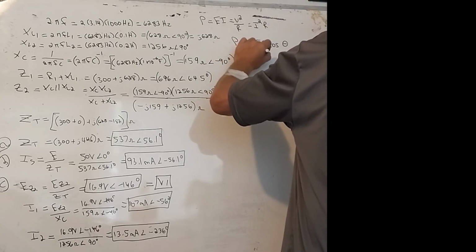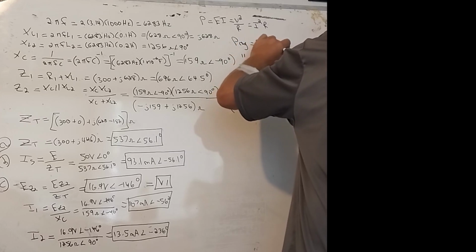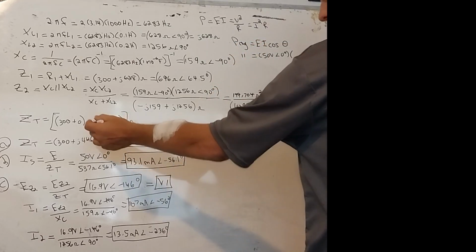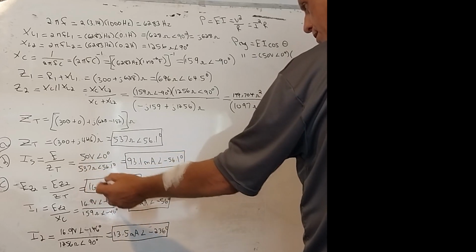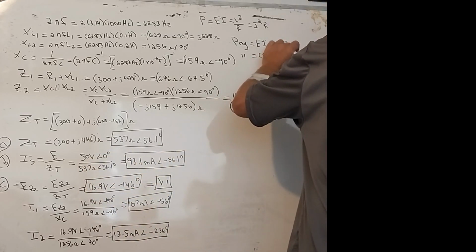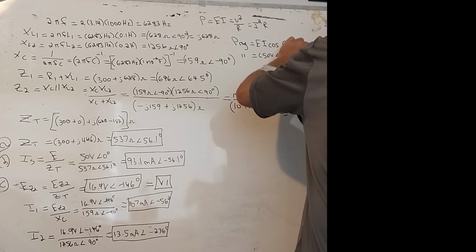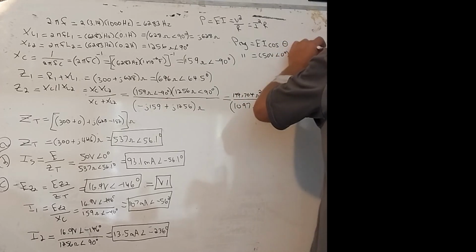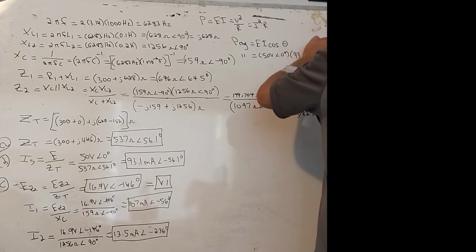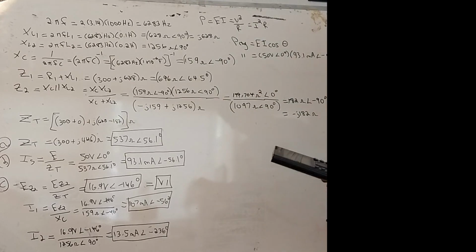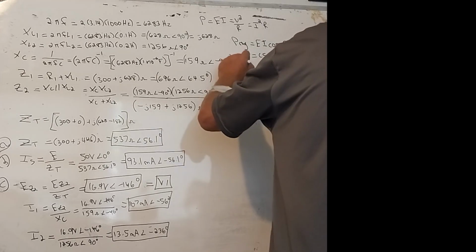Let's see, 50 volts, angle 0 degrees, and our total current, IS, 93.1 at an angle of negative 56. Well, the angle will be easy to remember. Now let's go back to the original value of total current, because I didn't save it, and multiply it by 50. 4.66.